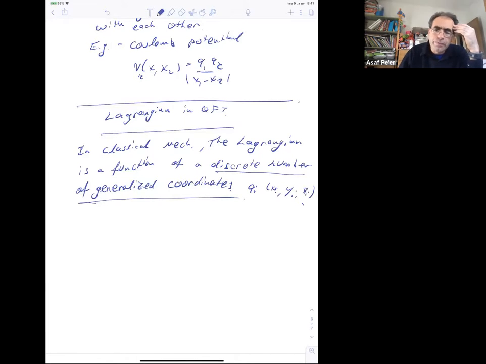A specific example. In QFT, it's not a particle, it's a field, so it must be continuous.